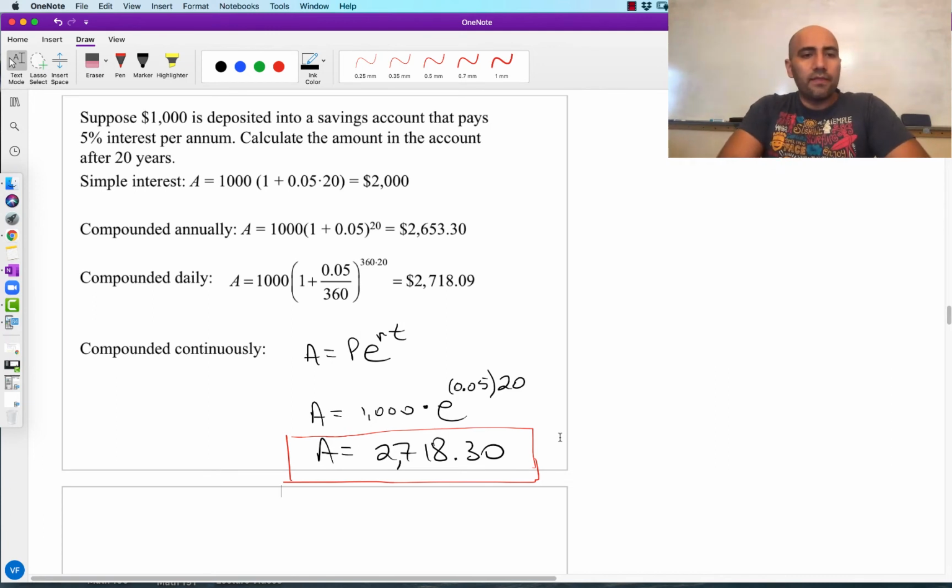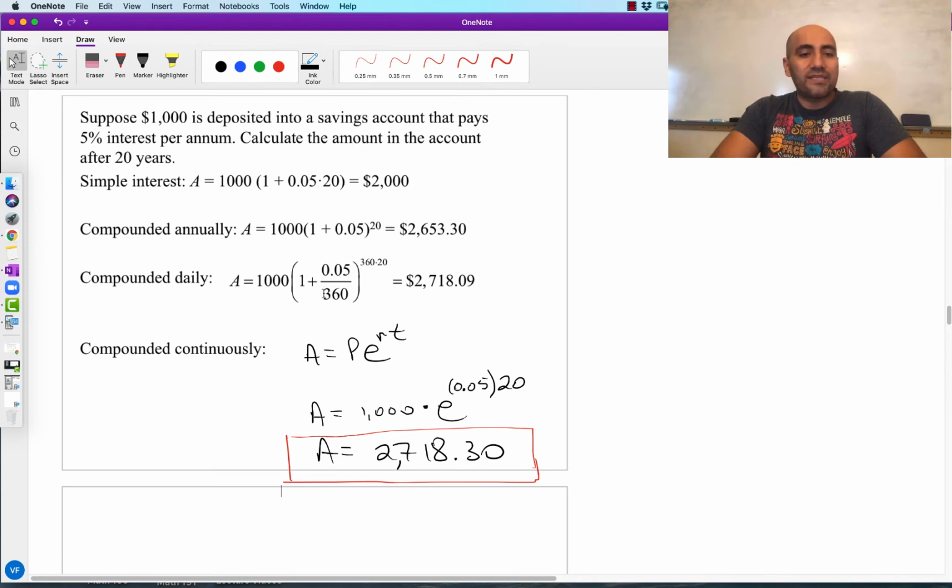So the same amount of money invested for the same amount of time, 20 years, at an interest rate of 5%, is going to vary based on how often it is being compounded. With simple interest, at the end of 20 years, the balance in the account is $2,000. Compounded annually, the balance after 20 years will be $2,653.30. Compounded daily will be $2,718.09.